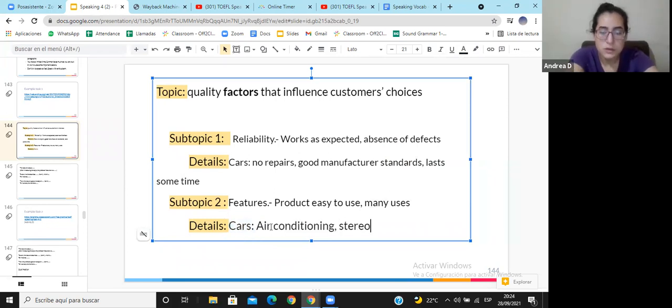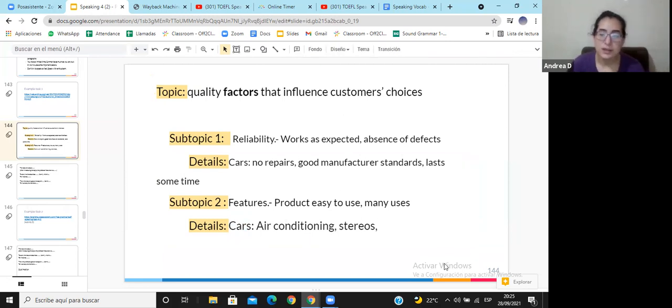I mean, stereos. Okay. So yes, manufacturers are now competing to add these features to cars because they know that this is what customers are looking for, you know? I think that reliability is quite the same right now. So what are they looking at? Features. Okay, guys. Anything else anybody would like to add to this brainstorming?